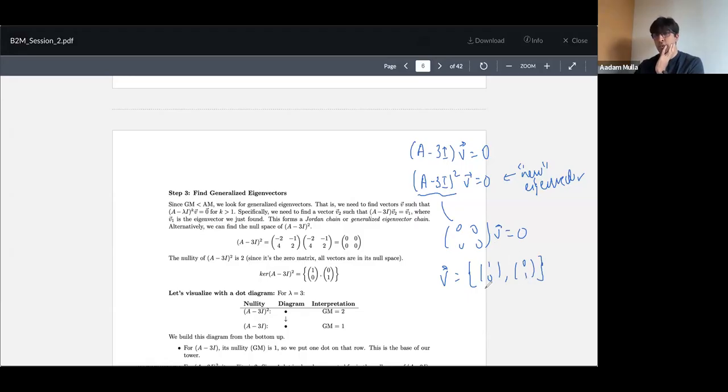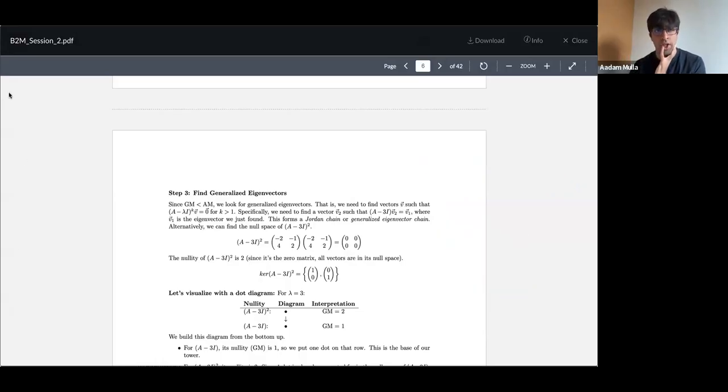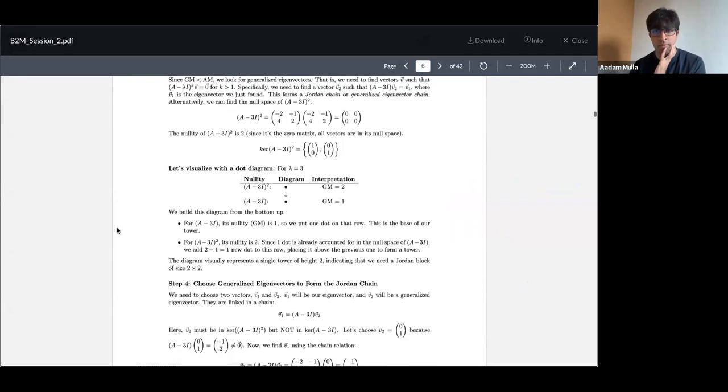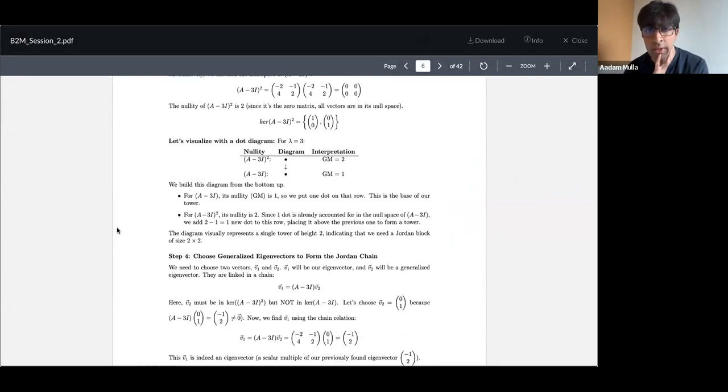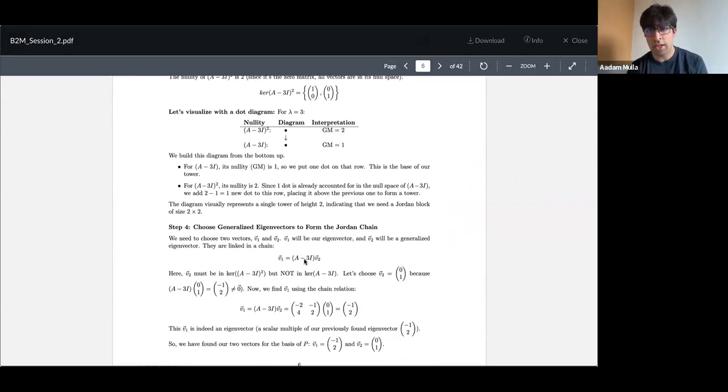But now the question is, we have 2 eigenvectors here, which is what we wanted, but what do we do with our old eigenvector? This is where we think about the chain. Here's what the chain should look like. Your first eigenvector should equal (A - 3I) times your second eigenvector, which is the one that we just found.